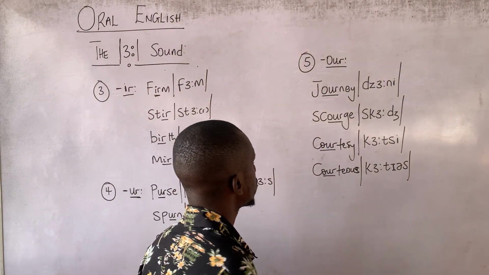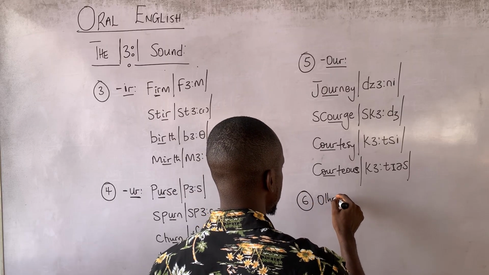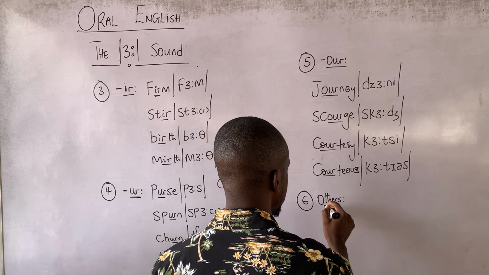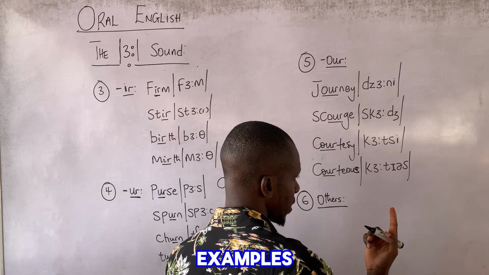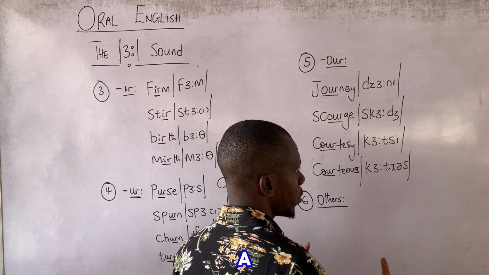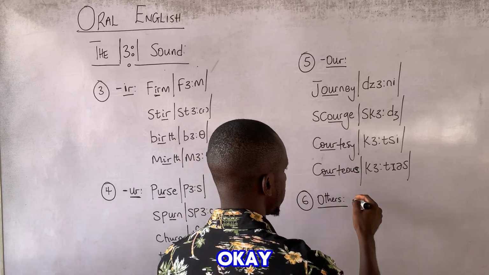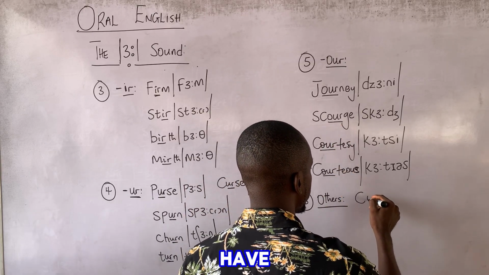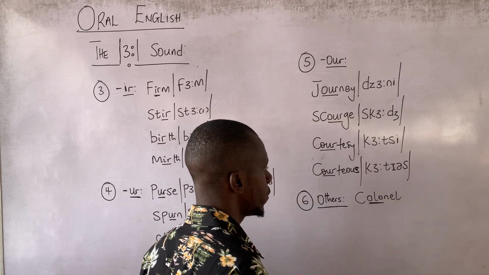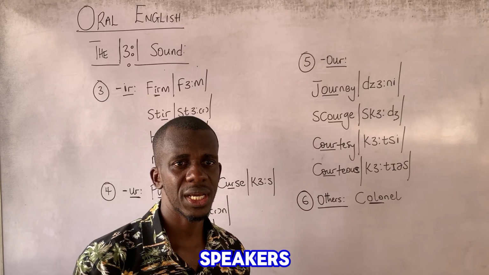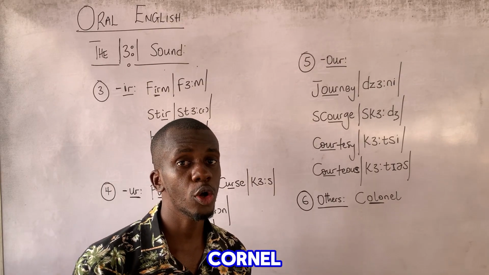Right? So number 6, let's call this category others. Others meaning more examples of words that we probably missed and forgot to mention here. So we'll have a typical example as in the word COLONEL, which most native speakers pronounce as kernel, or some call it colonel.